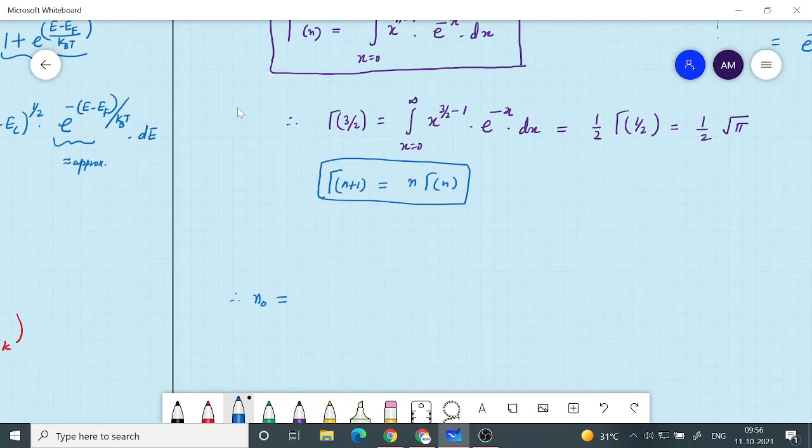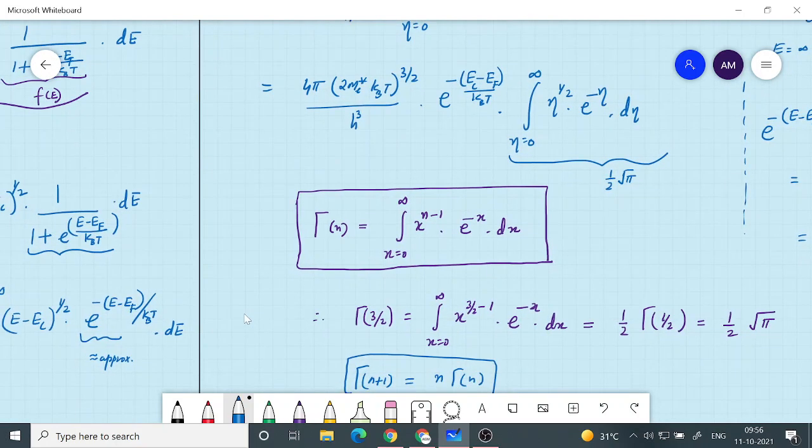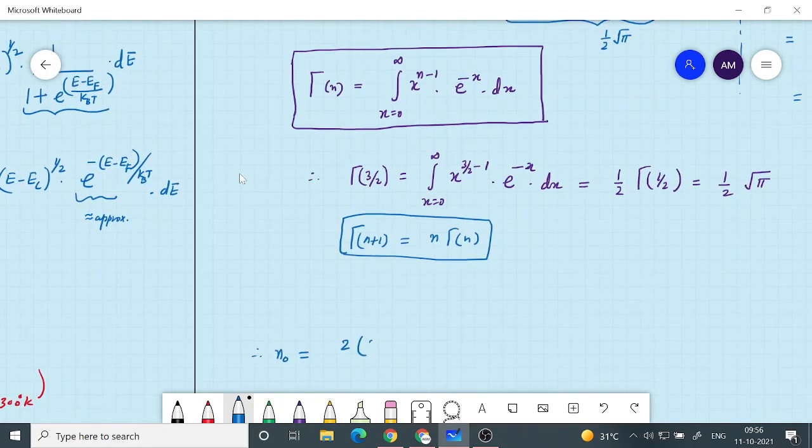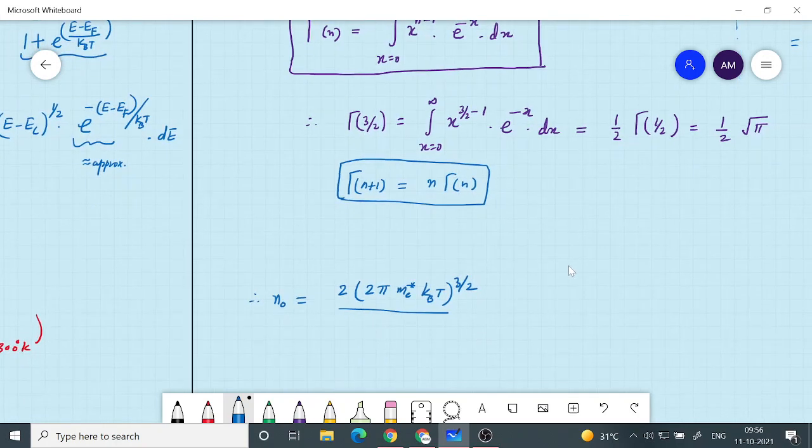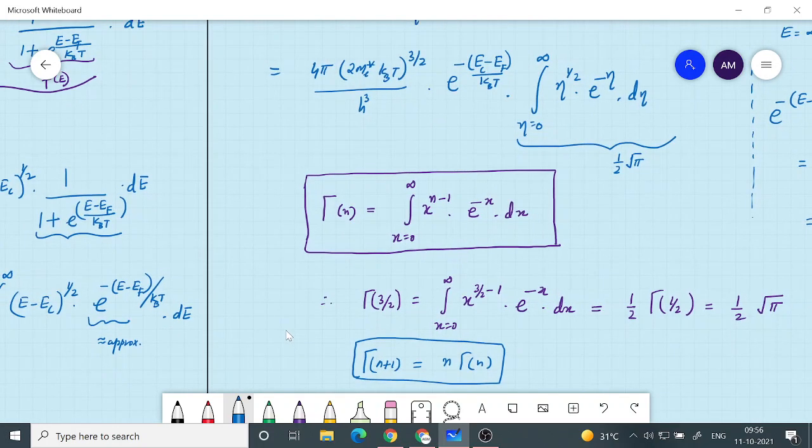So earlier it is 2m star, so it will be 2 pi m star, then kBT whole raised to 3 by 2, then by h cube into exponential of what?